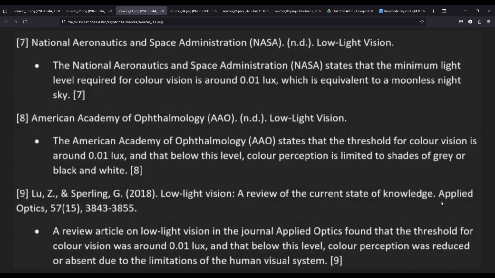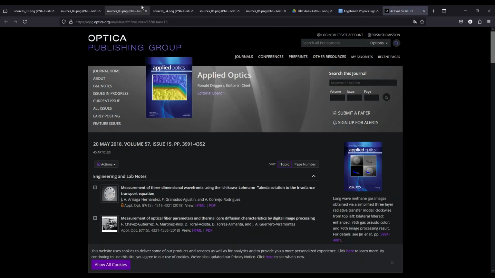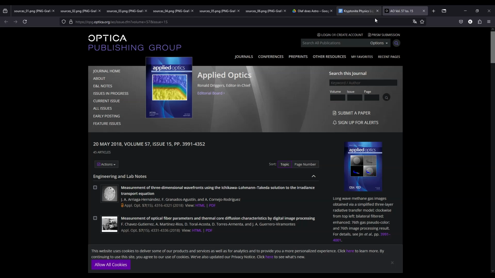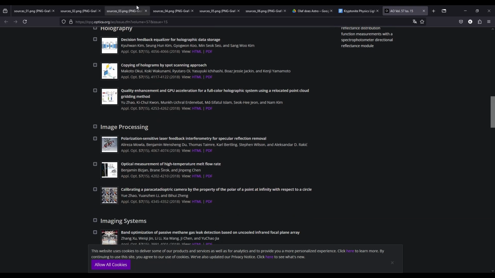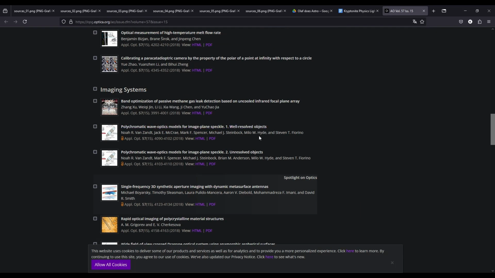Next one. Applied Optics. The page numbers don't line up. Here we have volume 57, issue 15, and when you look at the page numbers, 3,843 should be the start.